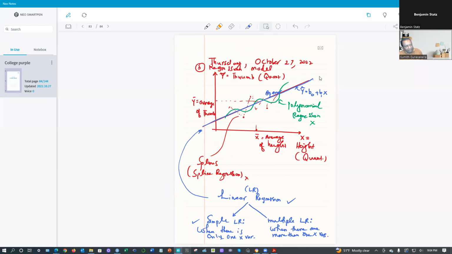We get the best fit, going through this in such a way that your sum of squared error is minimum. So by minimizing the sum of squared error, you get that line by creating a certain slope, rise over run. Even though I'm writing this on a straight line in mathematical form, I'm taking into account all these points.